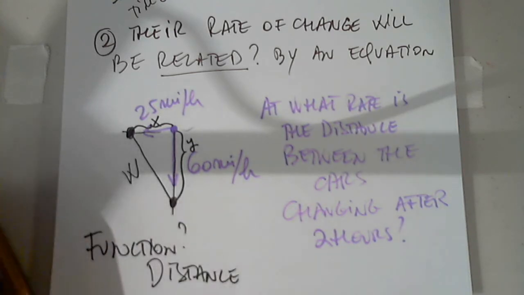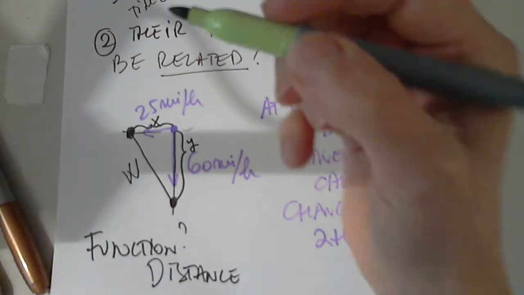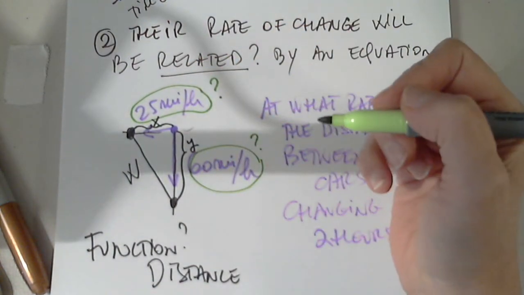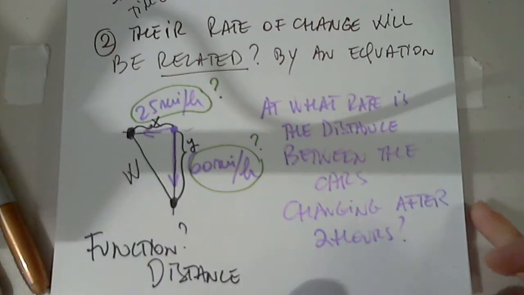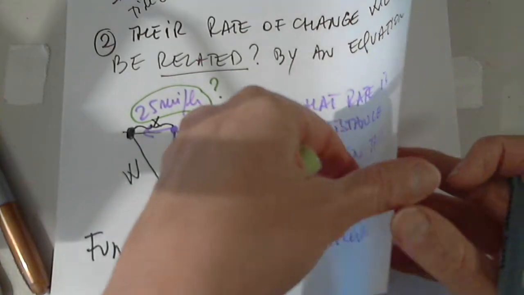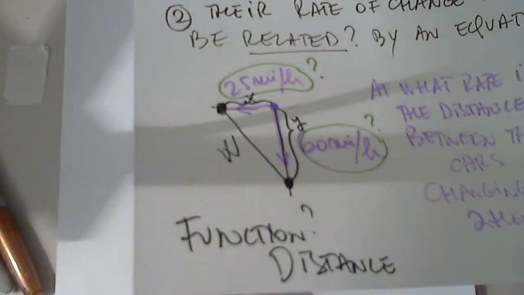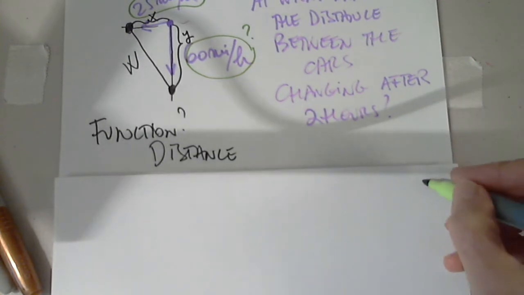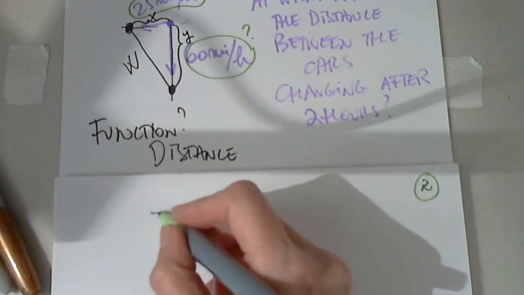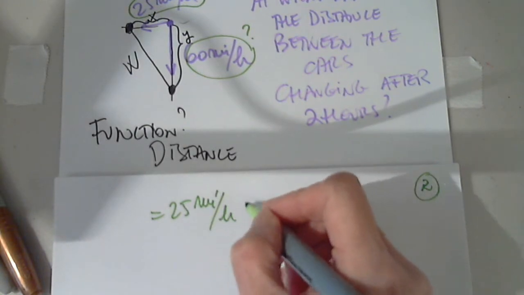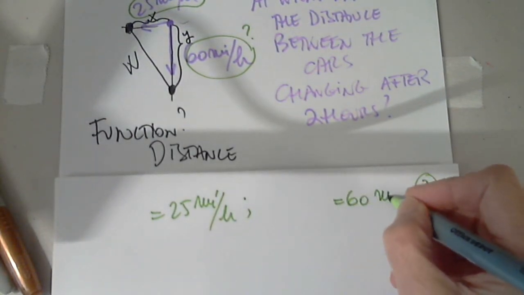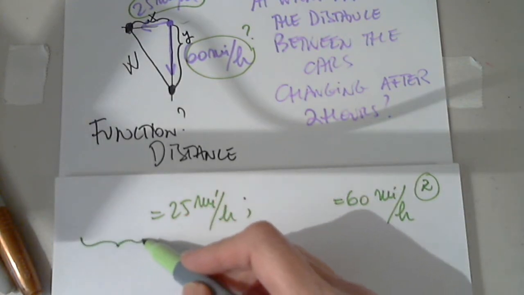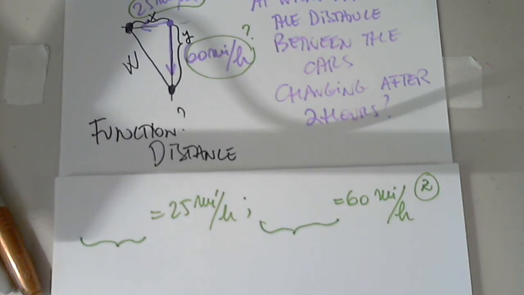Before I even continue, my first question to myself is, what is this? What does it represent? So what do you think 25 miles per hour represents? I need to know what this represents.